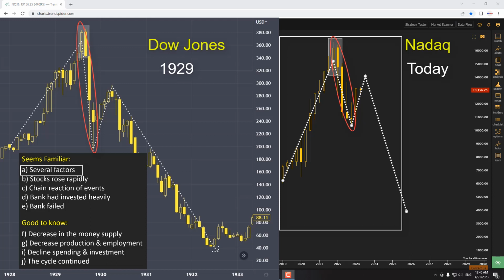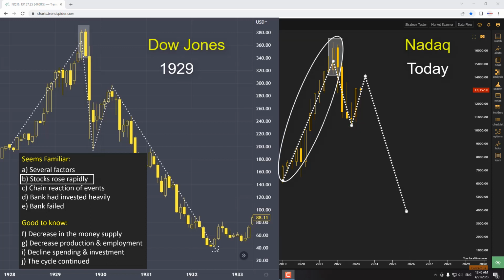During this time, people invested heavily in the stock market, and the price of stocks rose rapidly. However, in September and October of 1929, the stock market began to decline. And on October 24th, 1929, known as Black Thursday, panic selling began, causing the stock market to crash.